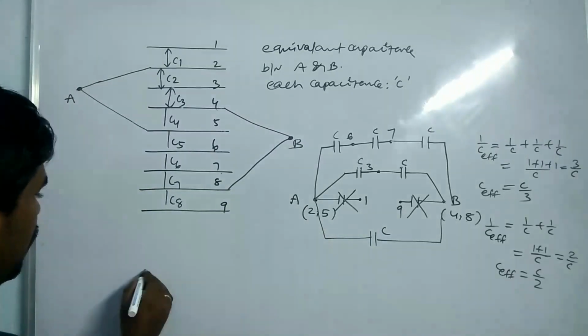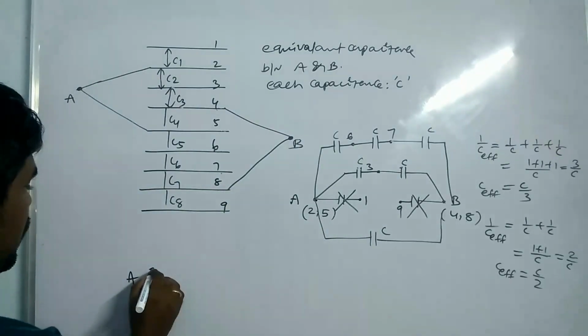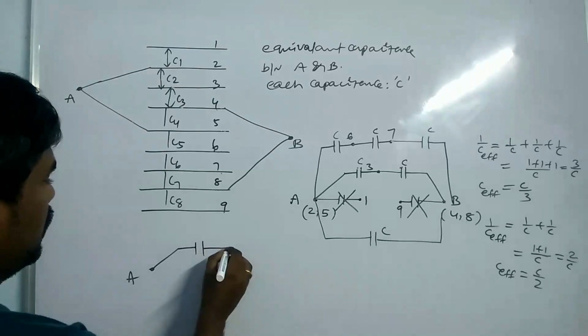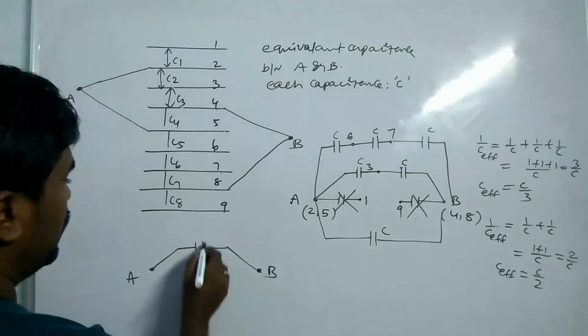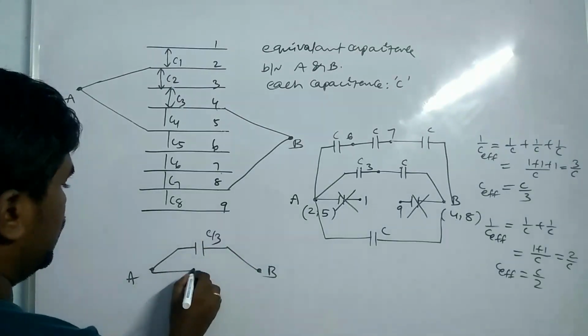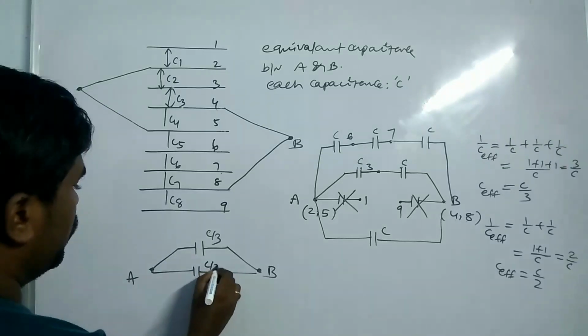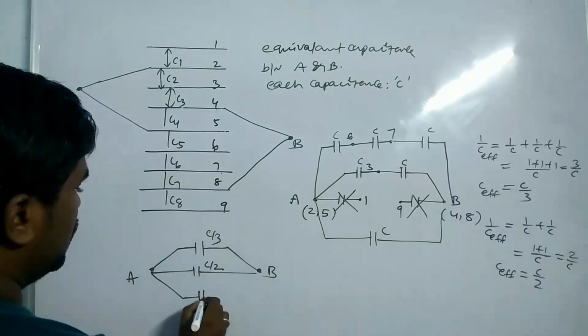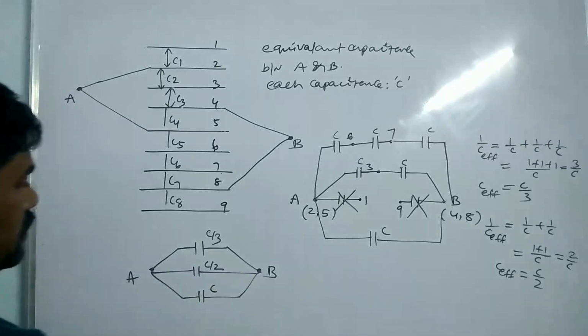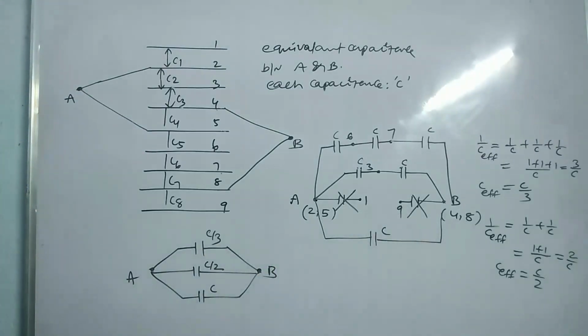Hence this can be redrawn. This is point A and this is a capacitor. This is point B. This is the C by 3, this is the C by 2, and this is the C. Okay, so now these three are connected in parallel.